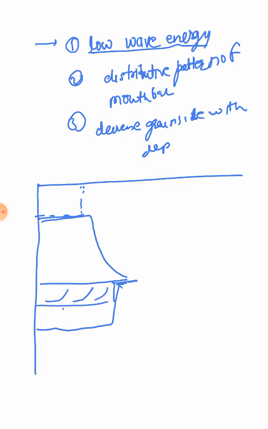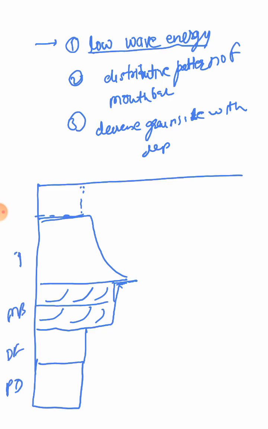Mouth bar has ripple marks associated with it, and then comes the delta front, and then comes the pro delta. So this is pro delta, this is delta front, this is mouth bar, this is distributary channel, and this is delta plane. If we divide the size, then this is clay, silt, sand, and gravel.